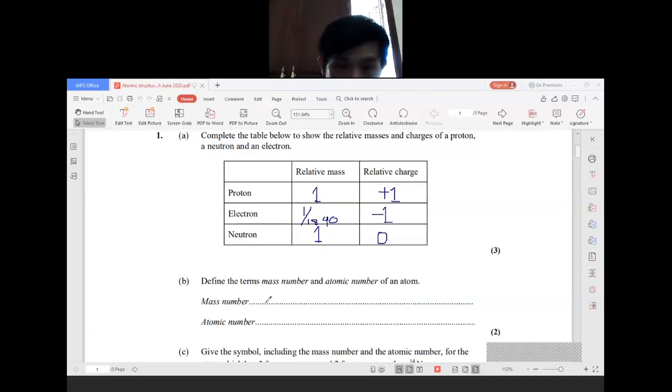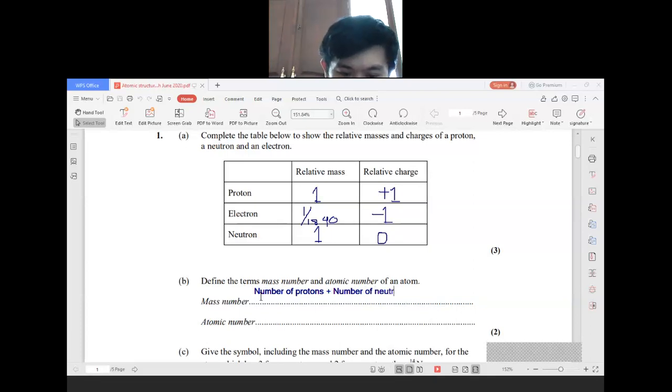Now, mass number. Define the terms mass number and atomic number of an atom. Mass number is the number of protons plus number of neutrons. And then atomic number is number of protons.